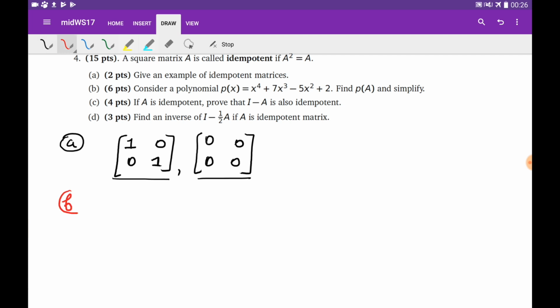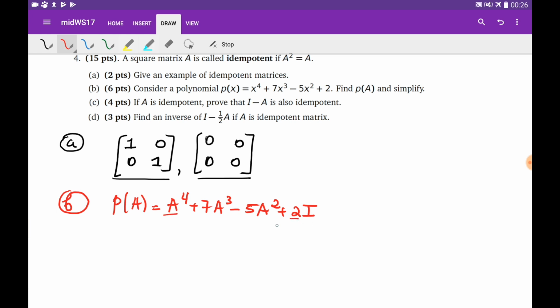In the second part, the B part, we need to consider the polynomial and find P of A. So P of A is going to be A to the power of 4 plus 7A to the power of 3 minus 5A to the power of 2 plus 2 multiplied by the identity, because I can't just add a constant to a matrix, right?